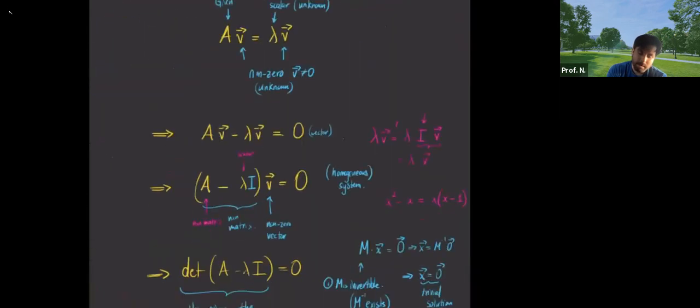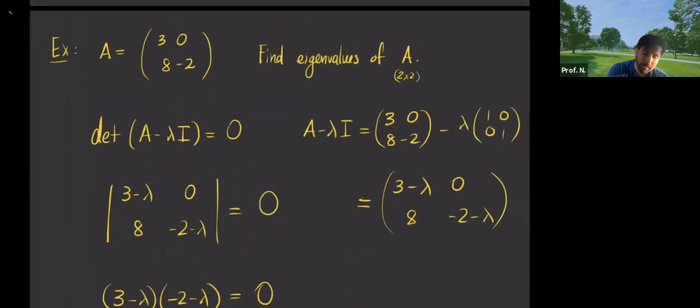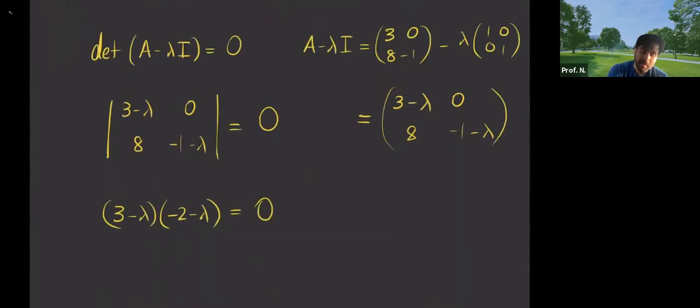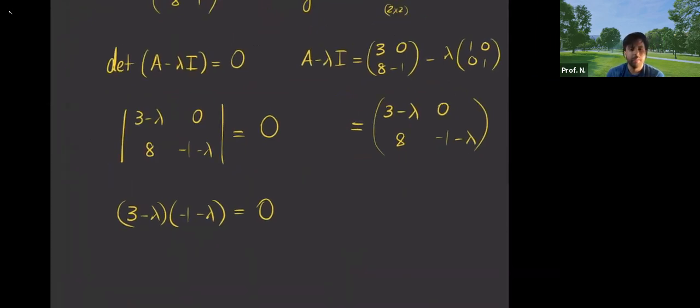Sorry, this is negative 1, not negative 2. So this is minus 1. This would be minus 1. This would be minus 1. This is going to be minus 1. Okay? So this is my characteristic polynomial of A.